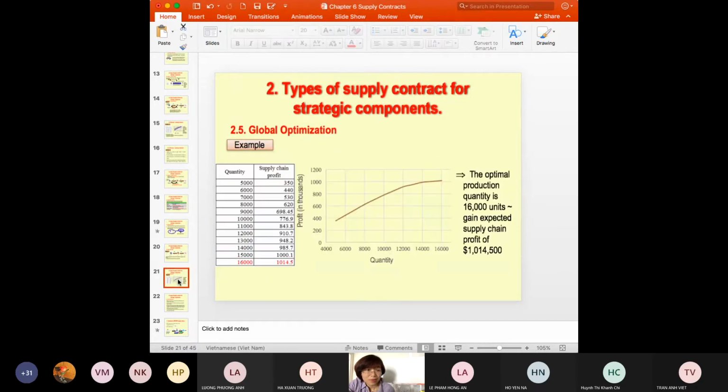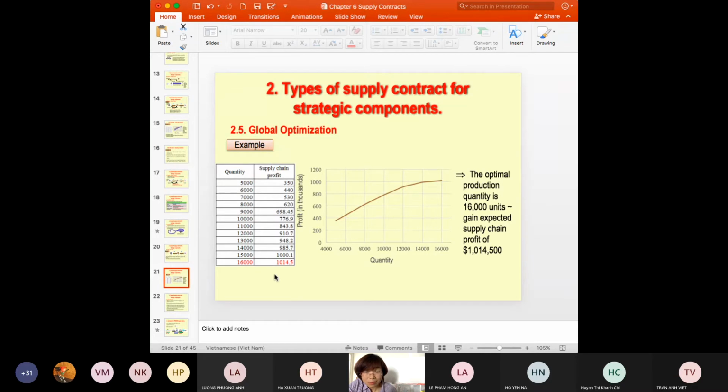So when you look at this, if we consider global optimization, you can see we do not stop at 14,000. Here you see that it is 16,000. And the profit for the whole supply chain is more than 1,000 thousand, like a million, right?